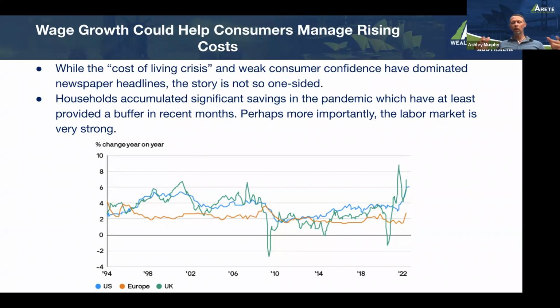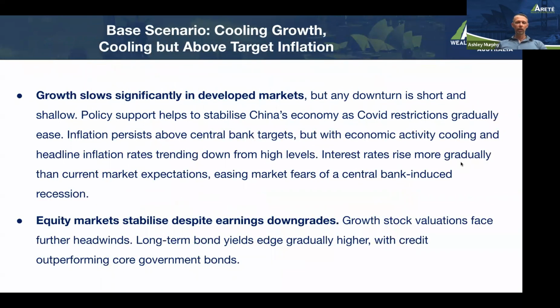However, that's not to say it's not everywhere, because it is everywhere. Food has certainly been hit, and travel and services inflation as well. So that is a little bit of good news, that worker earnings have really kept up.